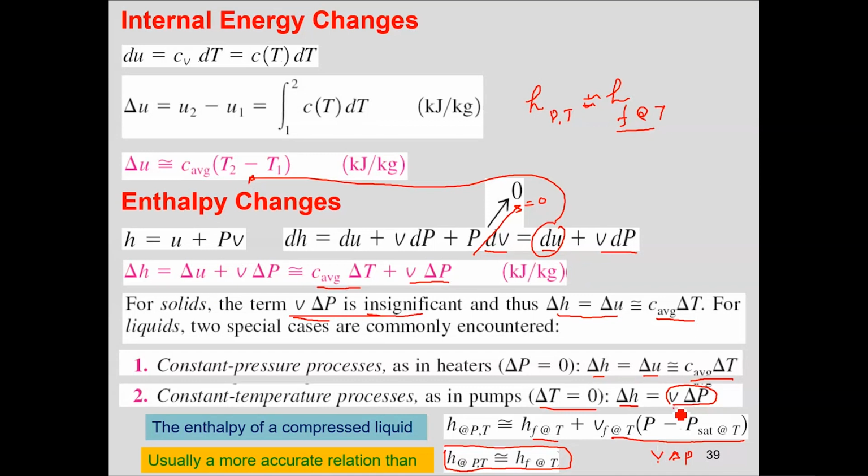V delta P is essentially coming from the constant temperature process. And V delta P is essentially Vf times the difference of the actual pressure given to you minus the P saturation at that temperature.